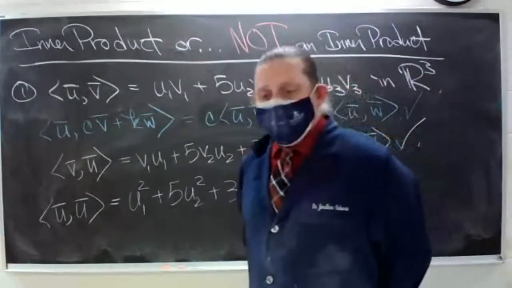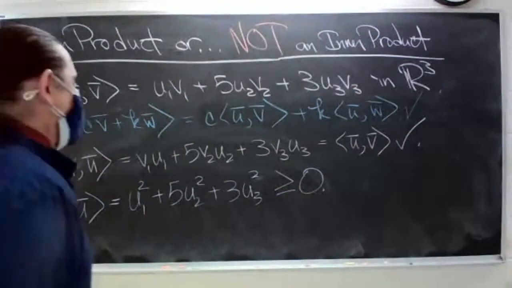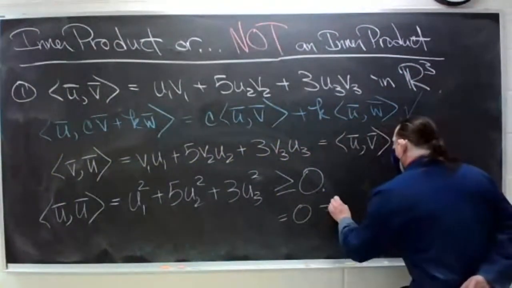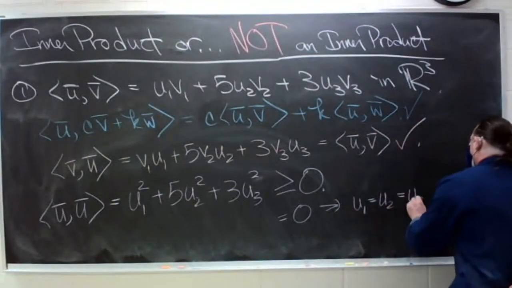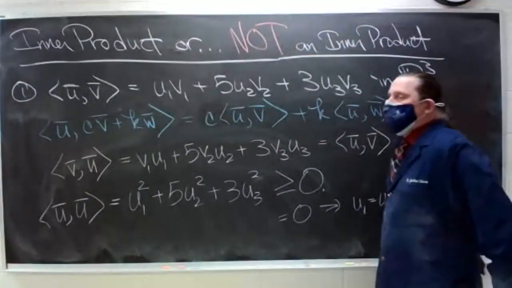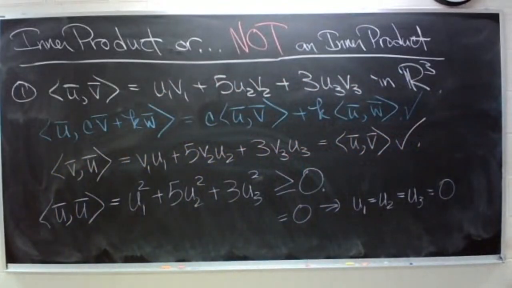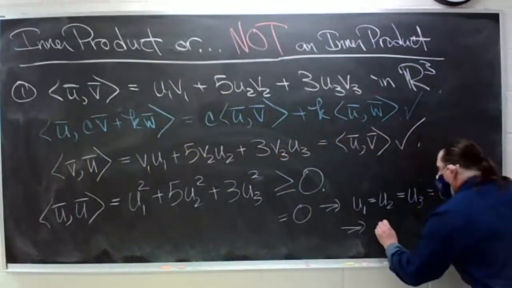Moreover, the only way that it could equal 0 is if each one of the contributions was 0. So that means that the only way that the inner product of a vector with itself could be 0 is if all of its components were 0.